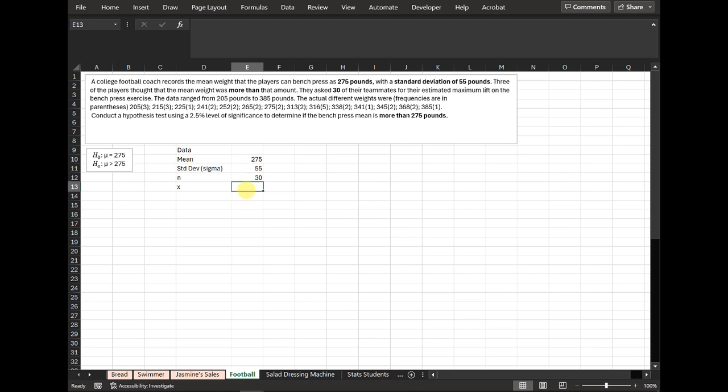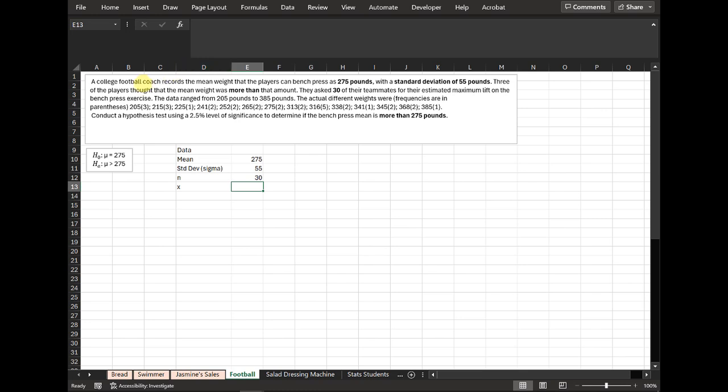The other thing I want to talk about before I get into finding this x-bar is the hypotheses. The book says that mu is equal to 275. You might want to always keep these two signs for your hypotheses different, and that to me is not really a problem. The reason mu has been set as 275 is it comes back to this opening statement.